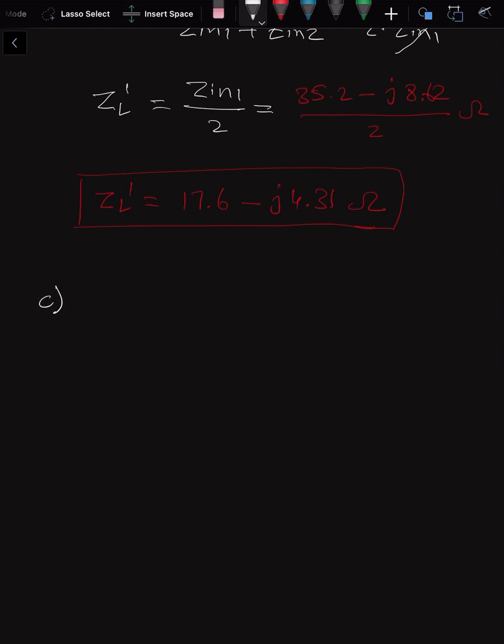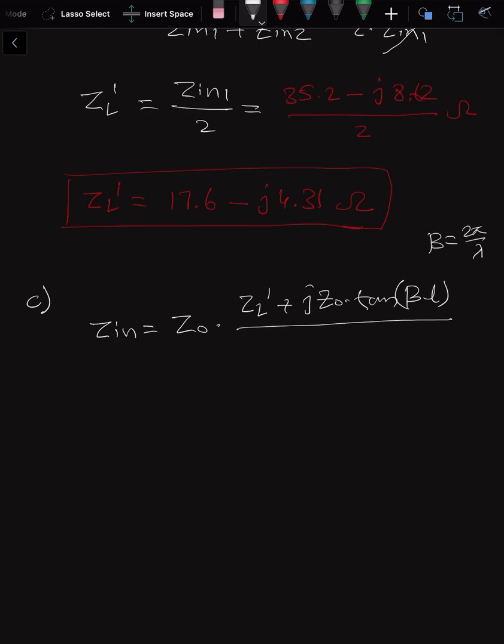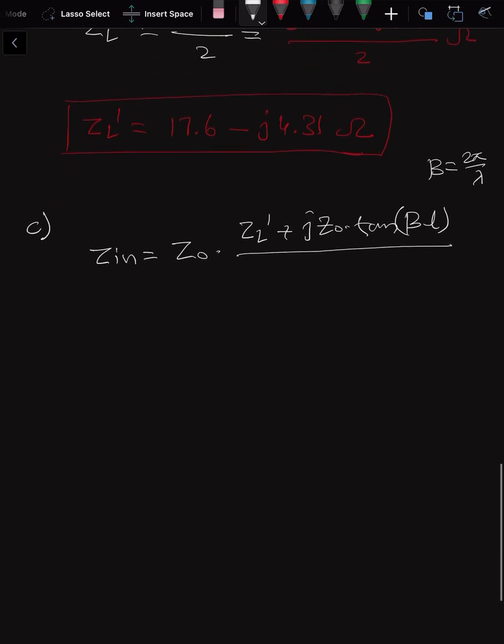In part C, using the same formula, Zin equals the characteristic impedance times the parallel combination, since now our load is the parallel combination of antenna 1 and antenna 2, plus jZ0 times tangent of beta L. Beta is the same, 2 pi over lambda, but L is different this time.